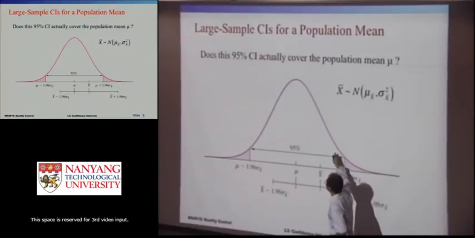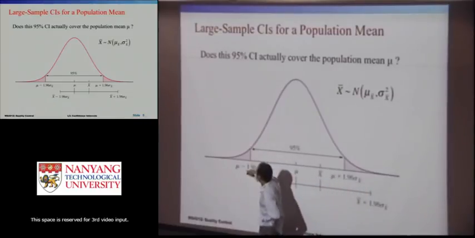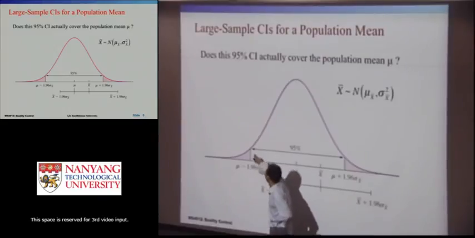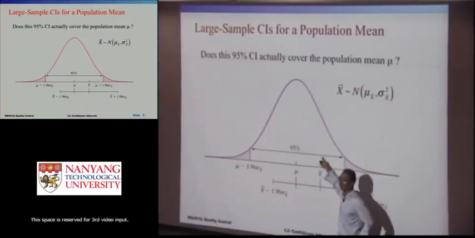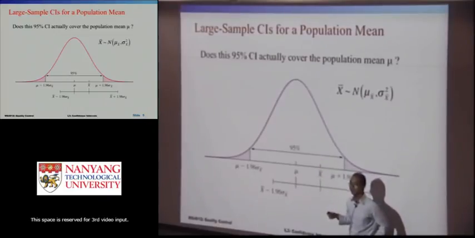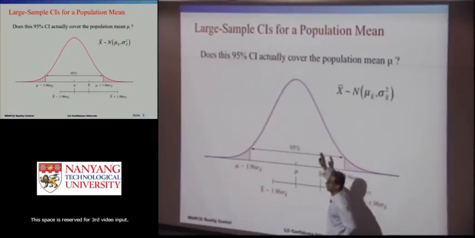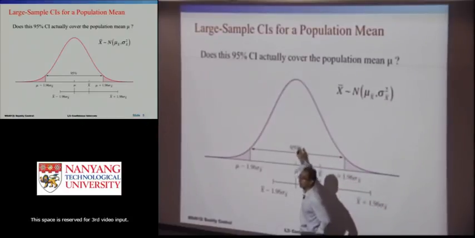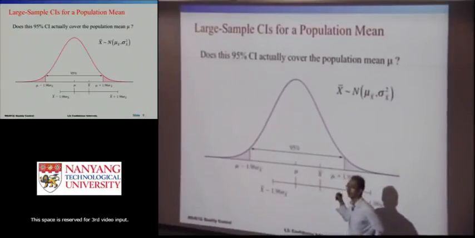So here, I divided it into two regions. One region is from mu, the population mean, minus 2 sigma x bar to plus 2 sigma x bar. And this is about 95%. If we follow this procedure, x bar can either fall into this blank middle region or this shadowed region, right?